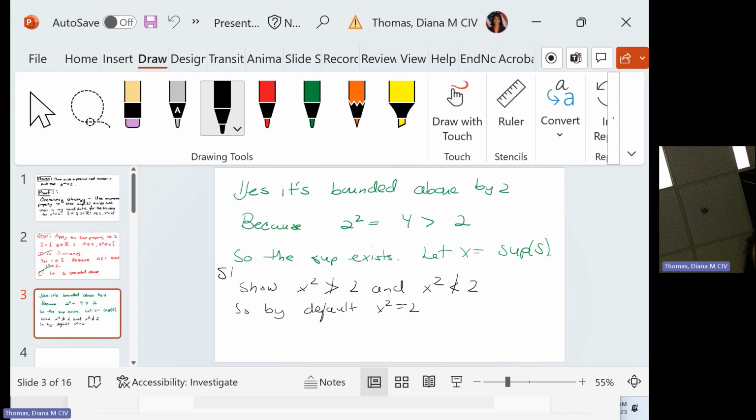So this is the strategy. I'm going to do the one where x squared is less than 2, and I'm going to ask you to do the one where x squared is bigger than 2. It's not hard. It's good stuff. Pre-calc or maybe algebra.